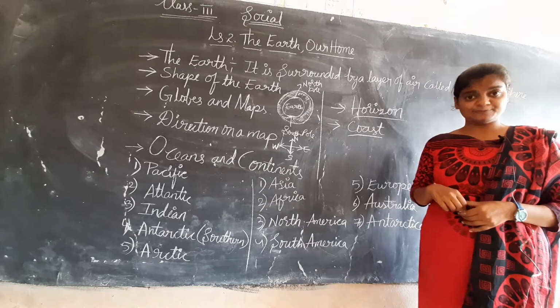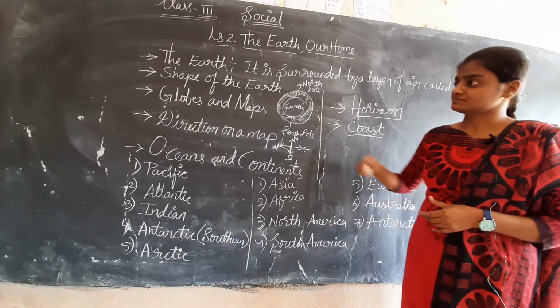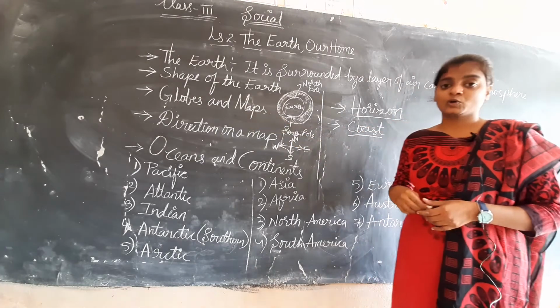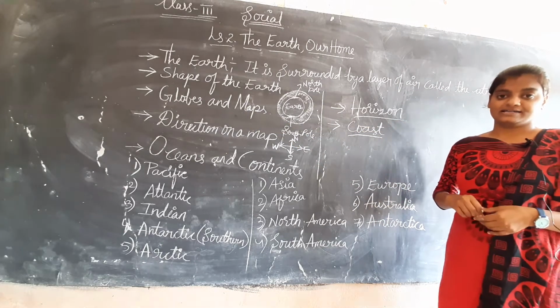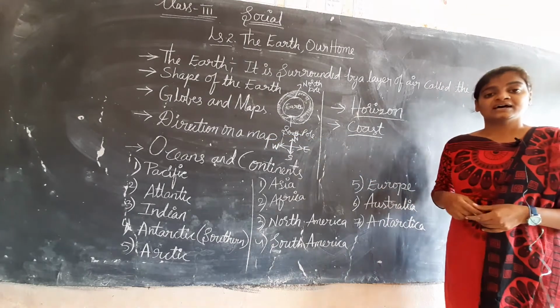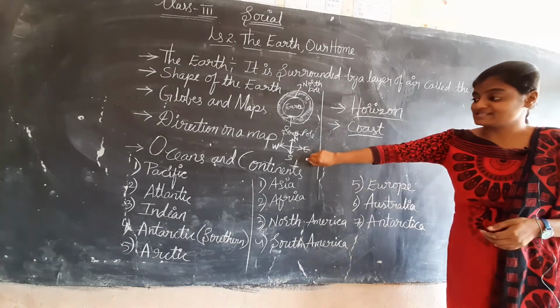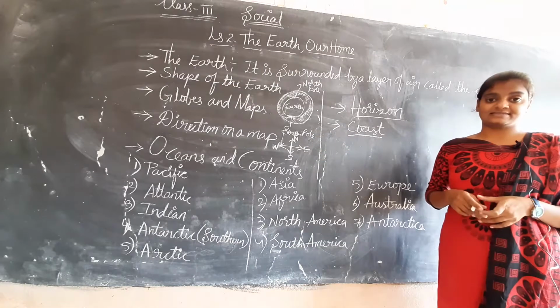The shape of the earth is spherical. We use globes and maps to study the earth. Next, directions on a map. We use directions like east, west, north and south to know the places exactly.